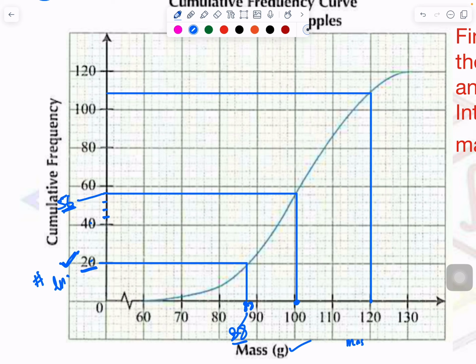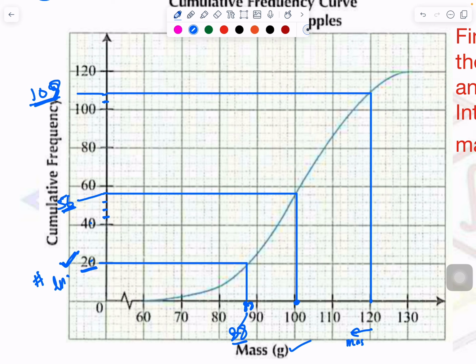Now this is 104, 108. You can't say 108 apples have mass more than 120. That will be 108 apples have mass less than 120 gram.